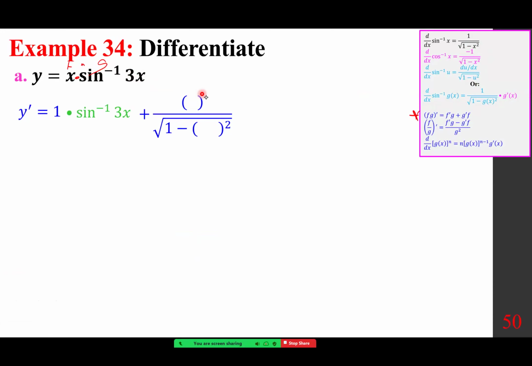And what goes in here is g prime of x, the derivative of that, which is 3. And this whole thing is g prime, everybody, times x. So this becomes sine inverse of 3x plus 3x over the square root of 1 minus 9x squared. Pretty straightforward, everybody.